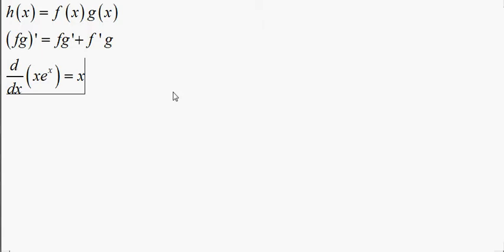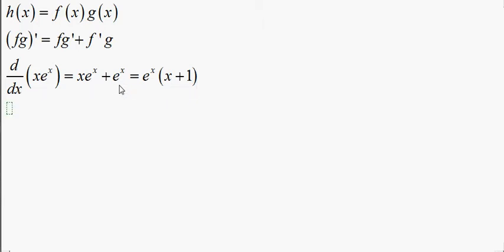So the first is x, and the derivative of e to the x is e to the x, plus the derivative of the first times the second. The derivative of x is 1, and the second is e to the x. So that's your derivative. You can, if you want, factor out e to the x, and you will get this as your derivative.